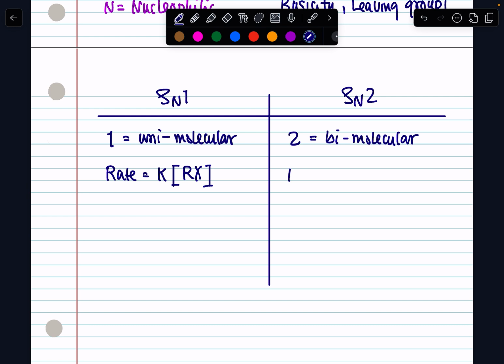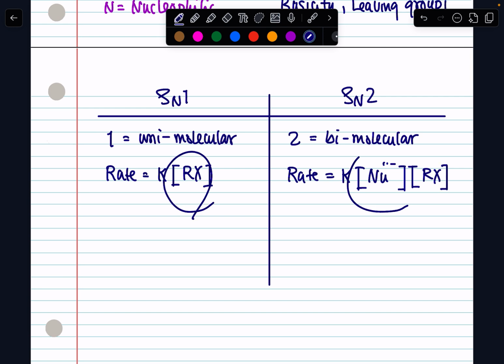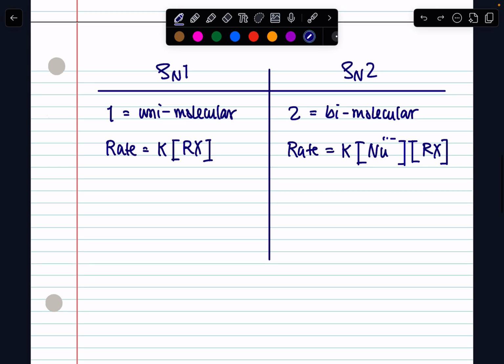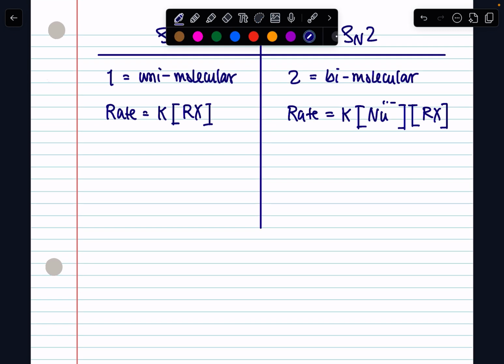And for this one, the rate of the reaction is calculated as k[nucleophile][Rx]. Again, you will see what Rx is, what Nu is, and what k is in the future, but have this table handy for now. We'll come back to it soon.